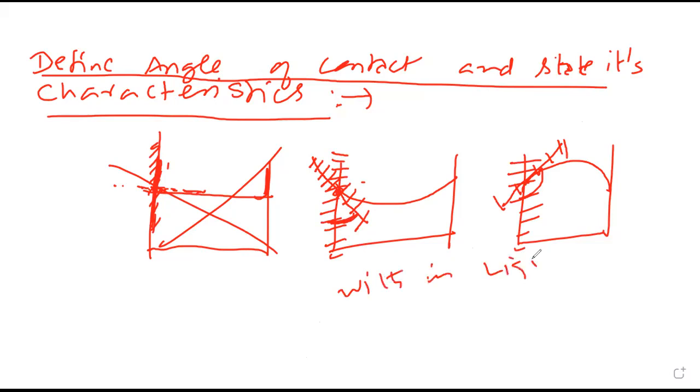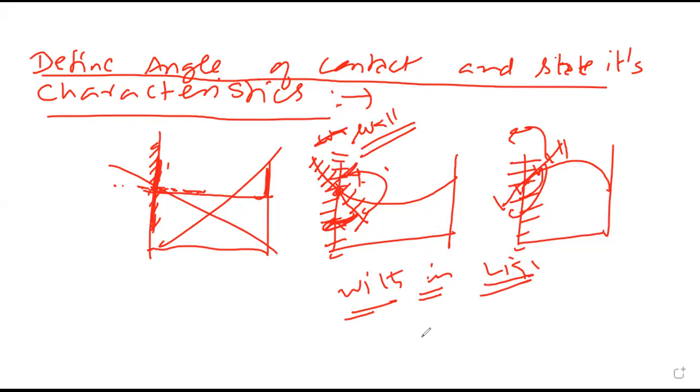Don't measure it the other way; it should be within the liquid, not in air. Again, the angle between the tangent drawn at point of contact and the wall of the container measured within the liquid is called angle of contact. It lies between 0 and 180 degrees. Clear?